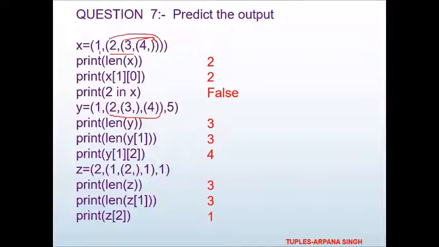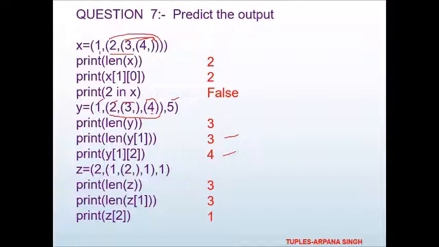So length of y is 3. Length of y[1]. Now this is y[1]. This is the 0 element in y. From here to this bracket is 1 and this is 2. Now within 1 this is 0 and this is 1 and this is 2. So there are 3 elements. So length of y[1] will be 3. y[1][2][0] [1]. This whole is 1, 0, 1, 2. So it is 4. So 4 will be returned.